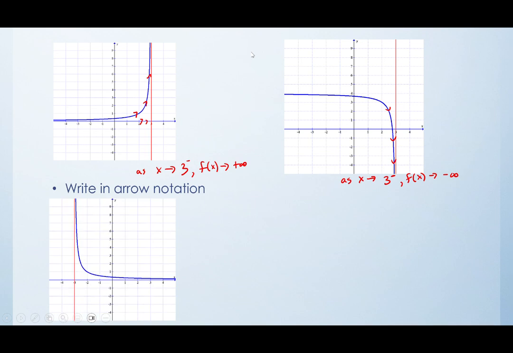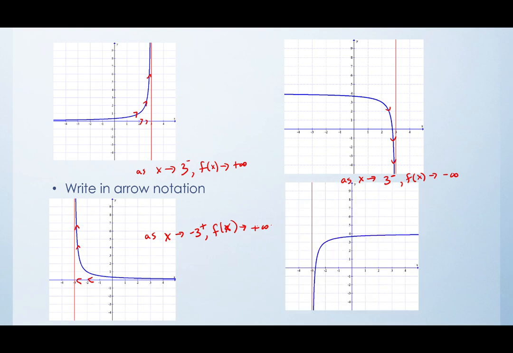So that's a couple of options for our asymptotes. Here we're at a different location. This time we are approaching negative 3, but this time we're coming from the positive side, and our function, of course, is going up. So f of x is going to positive infinity. And then, of course, our last one: as x approaches negative 3 from the positive side, f of x is going down to negative infinity.